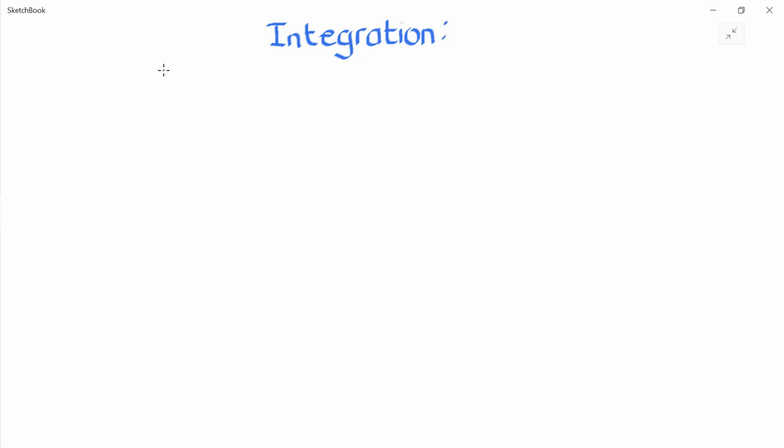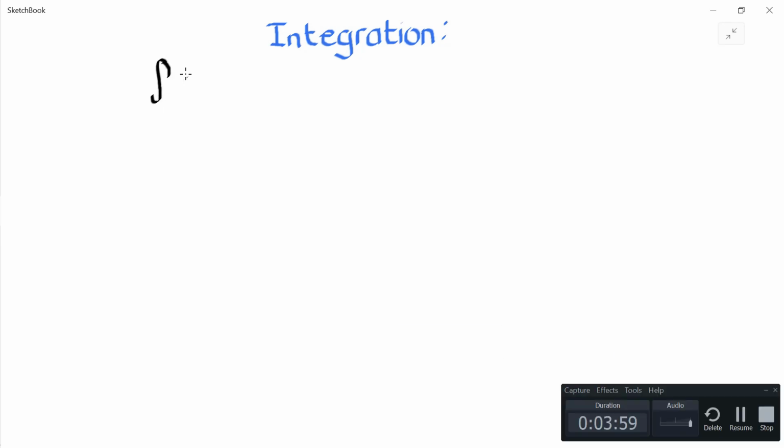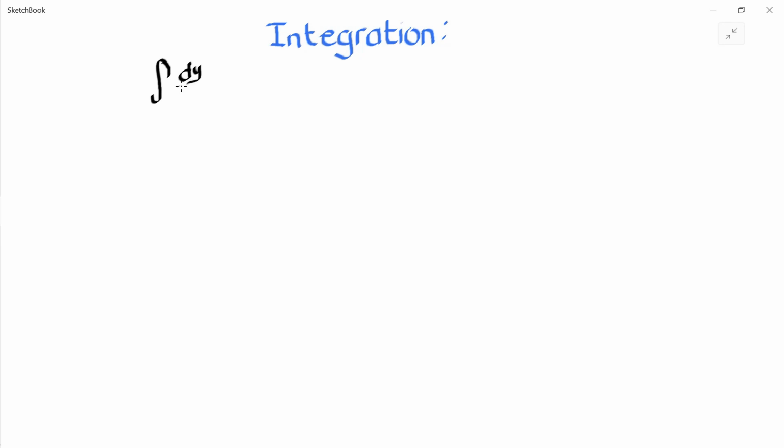As our example, let's use the value that we get from the differentiated problem. Find the integral of dy over dx is equal to 6x plus 2.